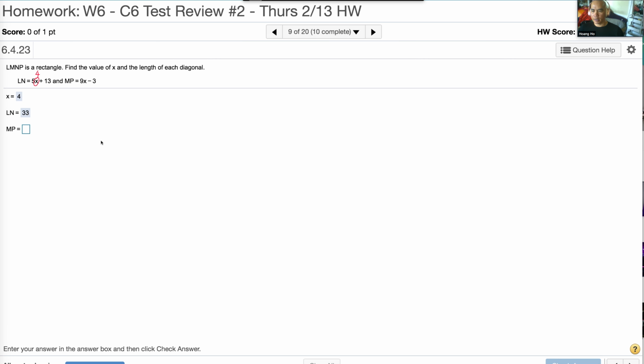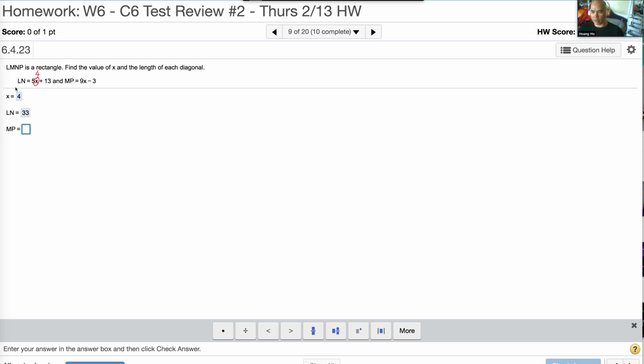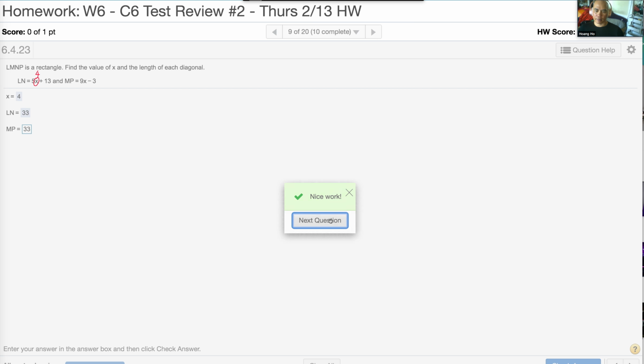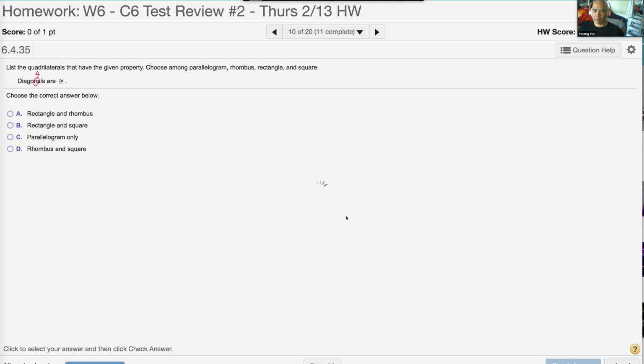And then MP, you don't have to calculate it because you already know that MP and LN are congruent. But you can double check. 9 times 4 is 36. 36 minus 3 is also 33. So it's correct.